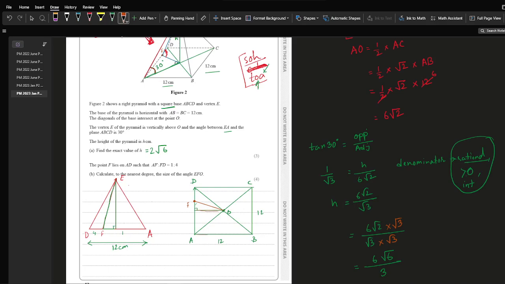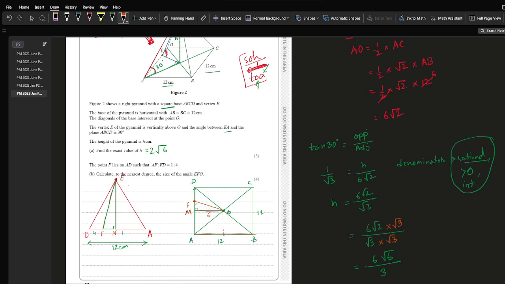The total is 12, and we know this is the midpoint, so that means this is 6. Let's give these names M and N. So MO is 6, and we have to find MF.